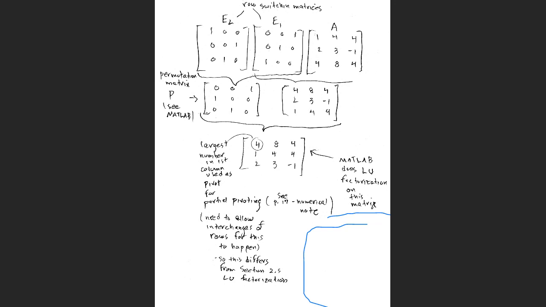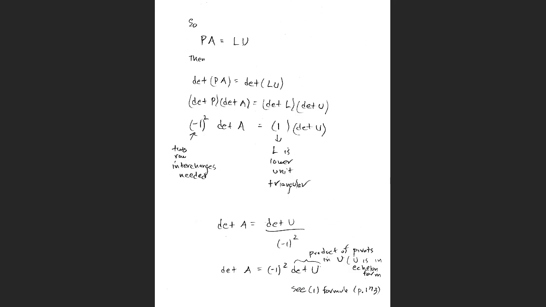And the comment here is one that I've talked about several times. Going to the last page, we did talk about how if P times A equals L times U, with our permuted LU factorization, when you take determinants of both sides and do the math, the determinant of A is going to equal (-1) squared times the determinant of U. That's easy for a computer to compute.